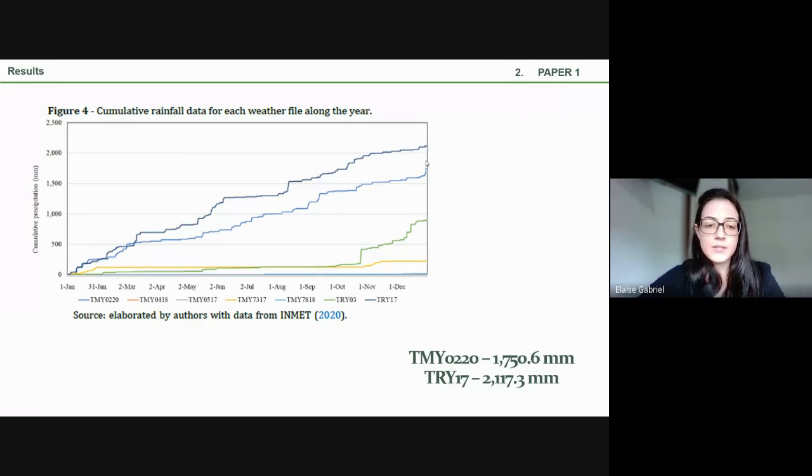And even the TRY 03, which was the test reference year before we updated, was almost 900 millimeters. It did not reach the annual accumulation data. And the 2 files that we developed for this study, the TMY 0220 is around 1,700 millimeters, and the TRY is around 2,117 millimeters. So those values of precipitation are in accordance with the climate normals for Santa Maria.